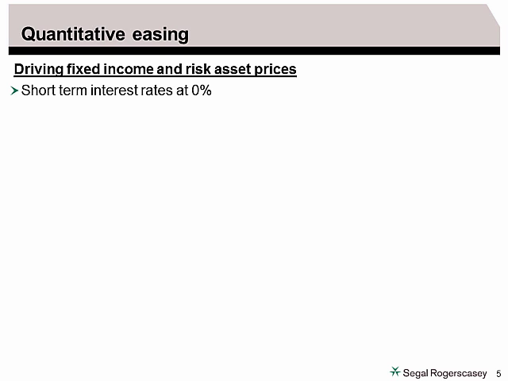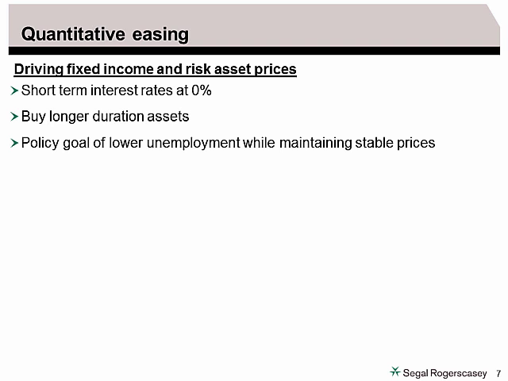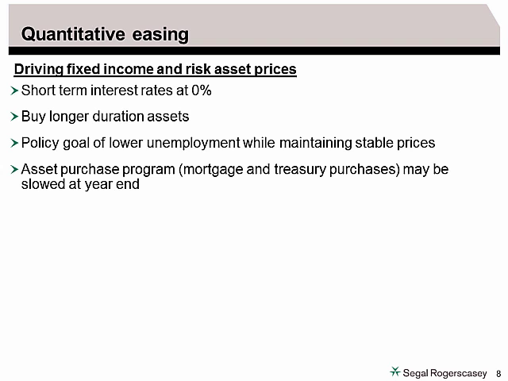Certainly unconventional factors are in play, with the most prominent being the quantitative easing programs of the Fed and the growth of the central bank balance sheet. Recent comments from various members of the Fed have hinted that the asset purchase program, the $85 billion per month of mortgage and treasury purchases, could be slowed by year-end.